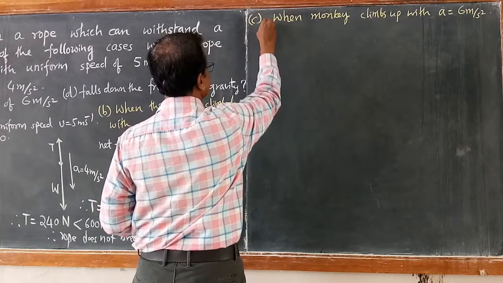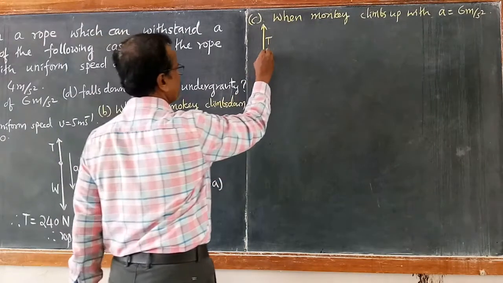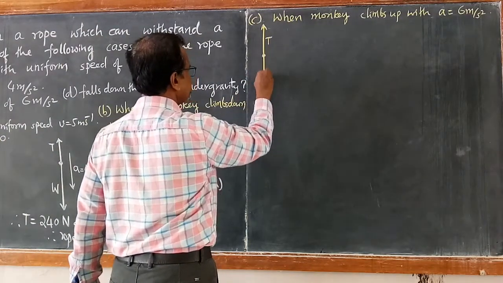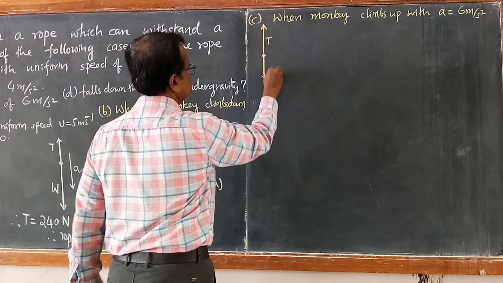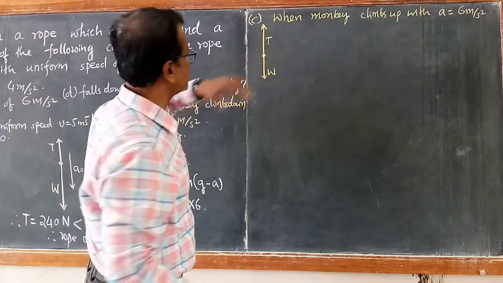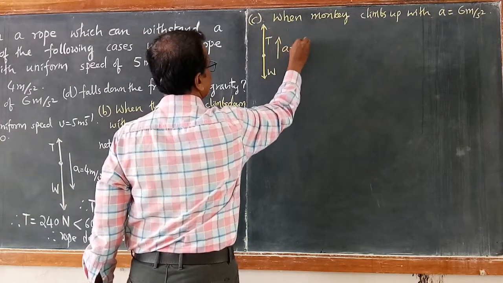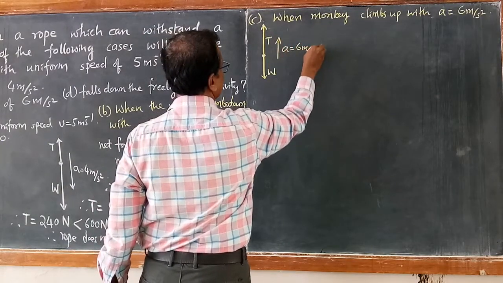Now tension must be greater because it is climbing up. Tension must be of a greater magnitude than the weight. So this should be of longer length than the weight. The net acceleration is vertically upward with 6 meter per second square.